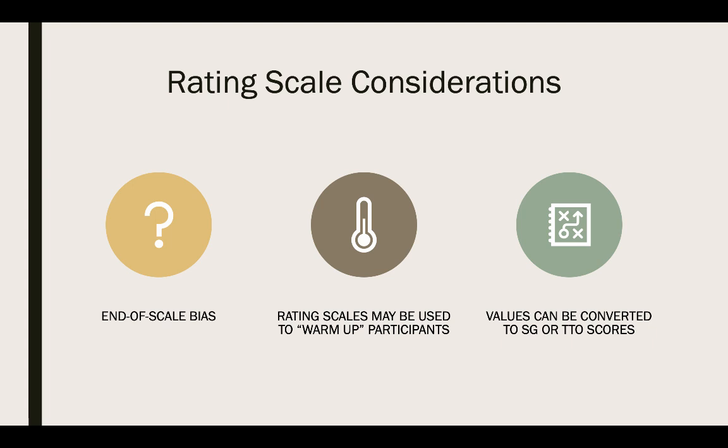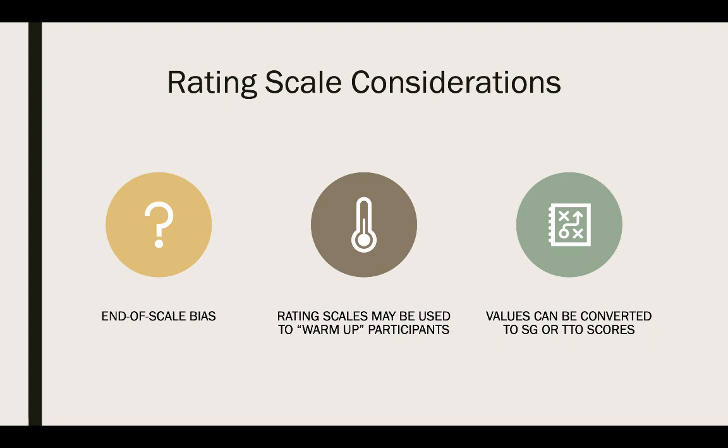But these rating scales are used a lot to warm up participants when we're doing research and asking for information pertaining to health utilities. We're getting them into that mindset, getting them thinking of how they would rate and think about different health outcomes and health states.